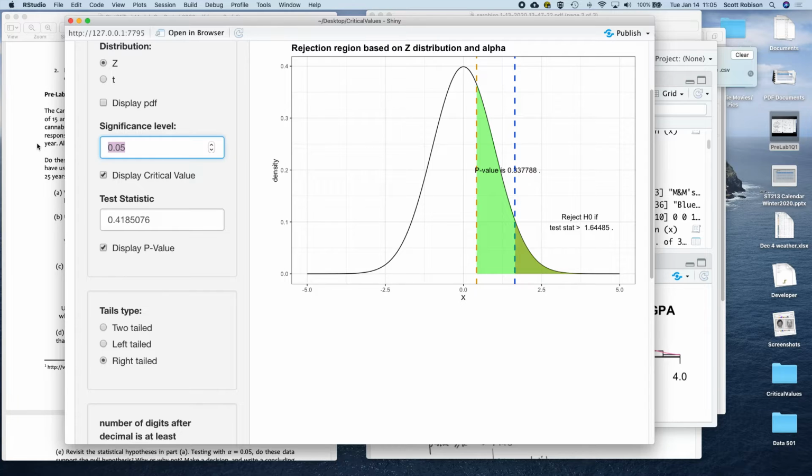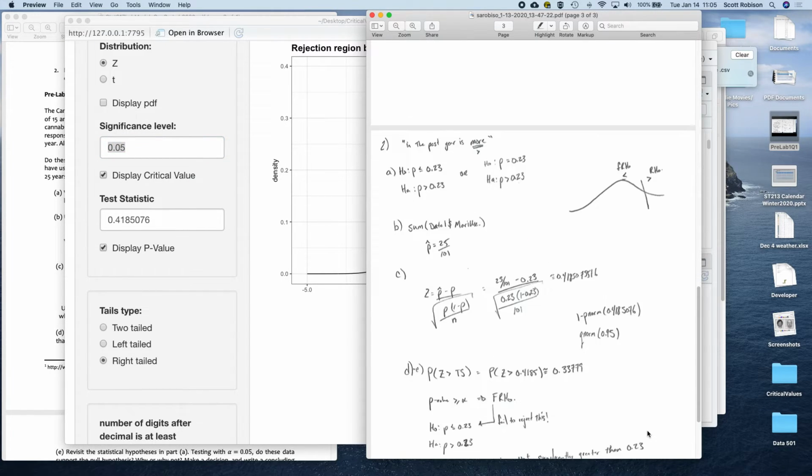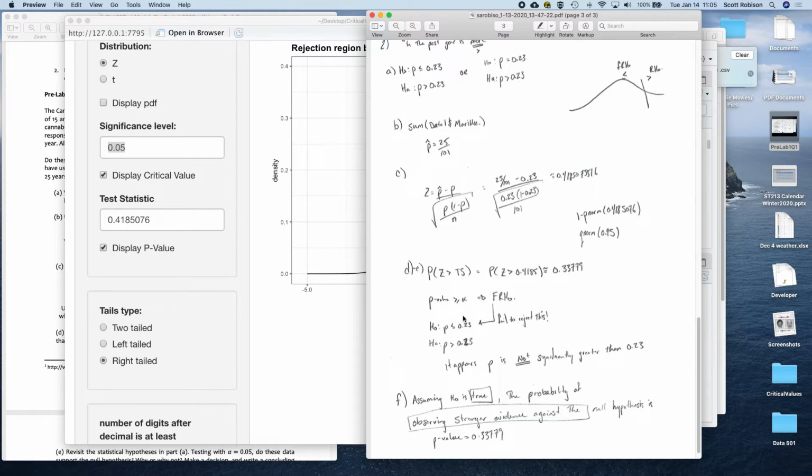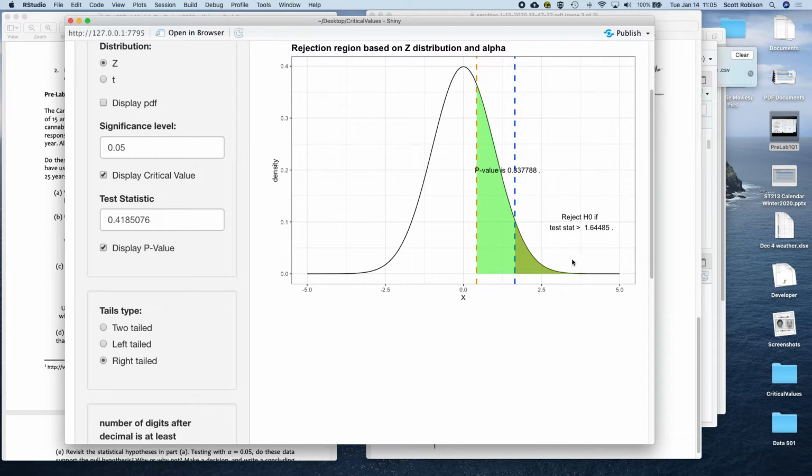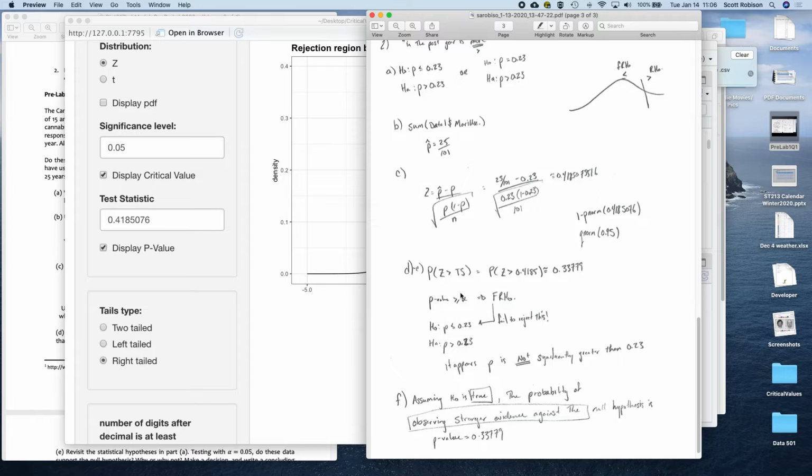So 34 is bigger than 5. So in this case, either way, because the p-value is bigger than alpha, you fail to reject. Or in other words, because your test statistic is closer to the null hypothesis than some sort of rejection region, you are observing something close to what you expected to.